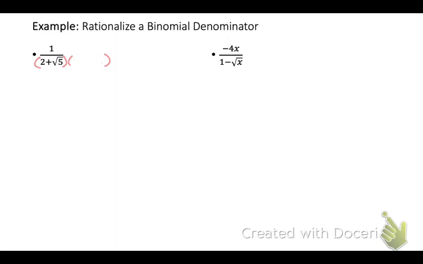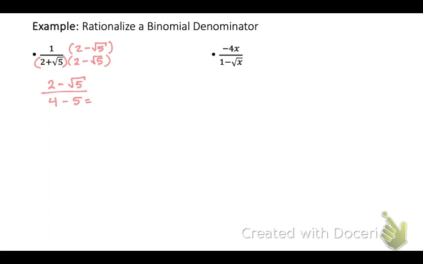We'll do the same thing on the top. This top's easy because it's just 1 in the numerator, right? So we have 2 minus the square root of 5 in the numerator over 4 minus 5, which would be -1.